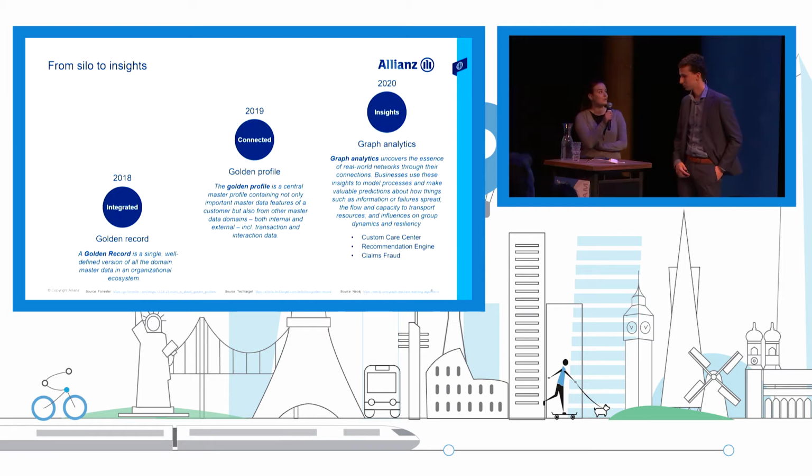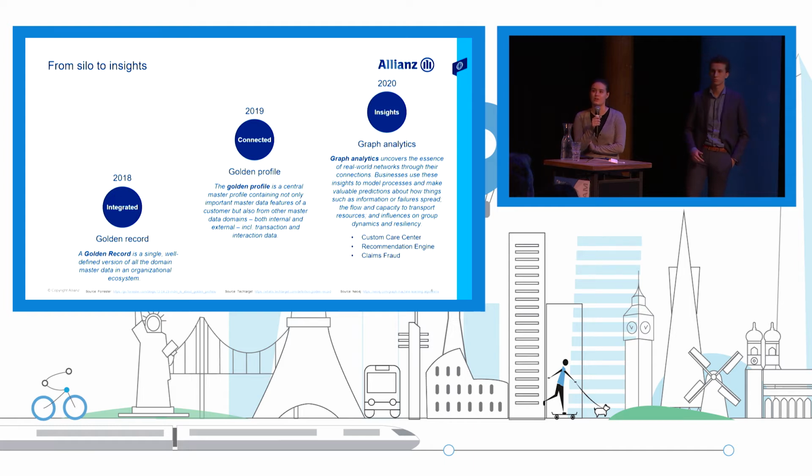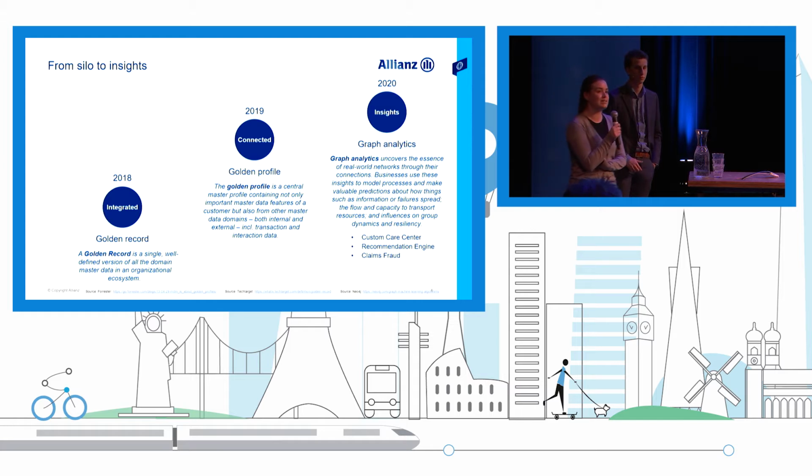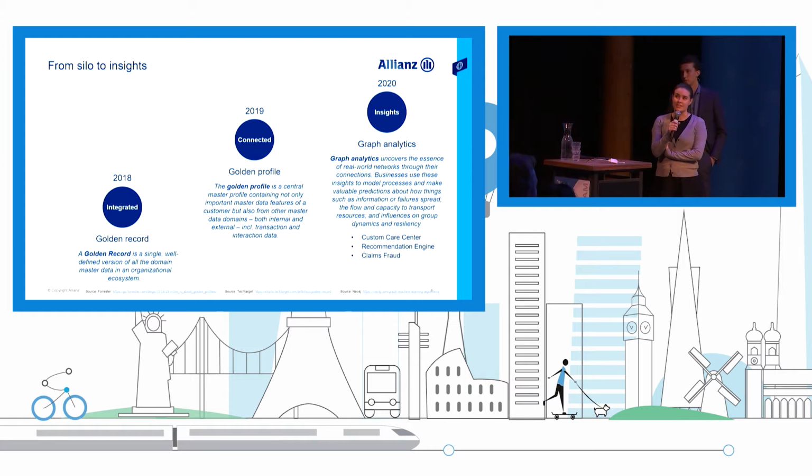The journey of the Data Office BeNeLux started in 2018, guided by Sudaman. The first thing he did was integrating the different silos into one golden record: cleaning the data, deduplicating the data, and enriching it with external data.